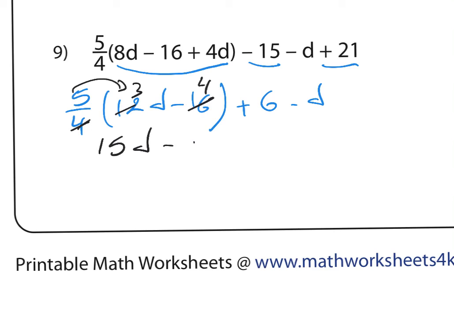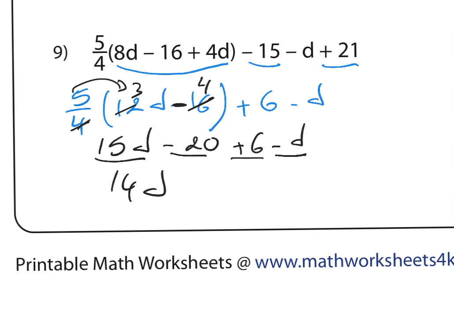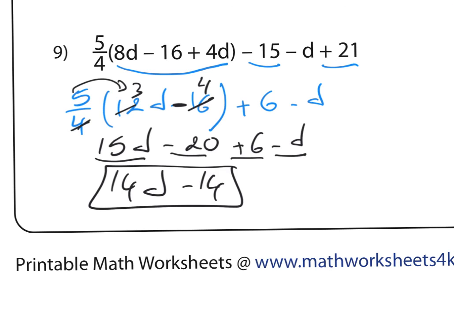It's going to be negative 20 because we have a negative right here, right? Plus 6 minus d. And 15d minus d will be 14d. And negative 20 plus 6 will be negative 14. And that's going to be our final answer.